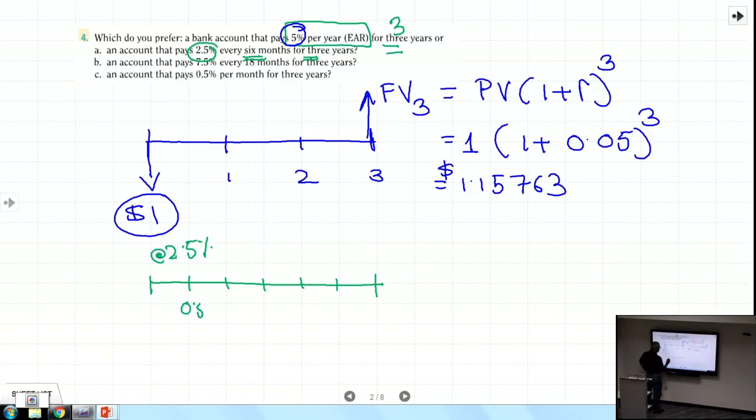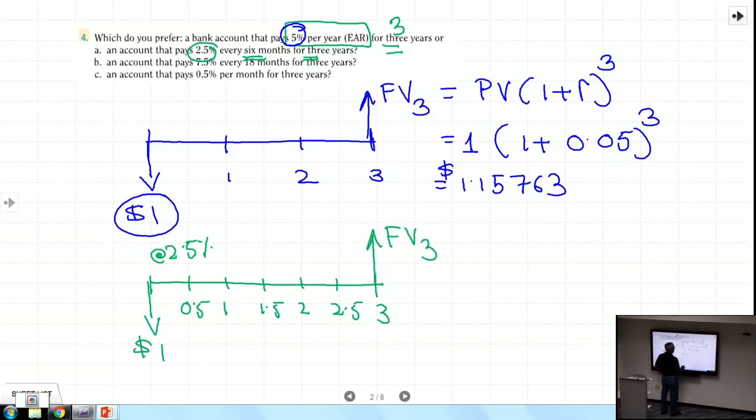So this is half a year, 1, 1.5, 2, 2.5, and 3. Same $1 deposit. What will be the future value in year 3?